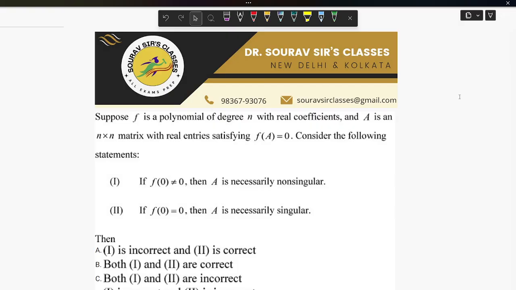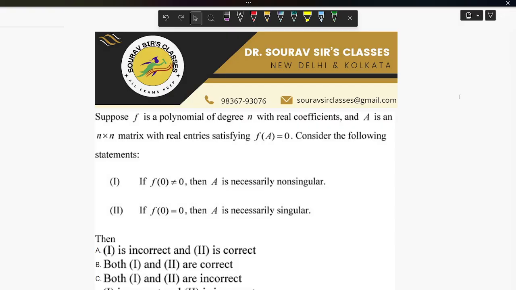Okay. So now we are going to solve a problem which appeared in the IIT JAM Mathematical Statistics question paper. The question says: suppose f is a polynomial of degree n with real coefficients and A is an n cross n matrix with real entries satisfying f of A equals 0, and consider the following statements. Statement 1: if f of 0 is not equal to 0, then A is necessarily non-singular.